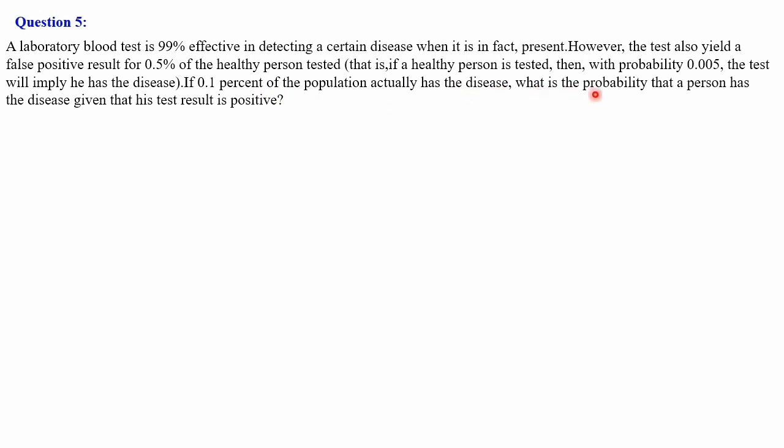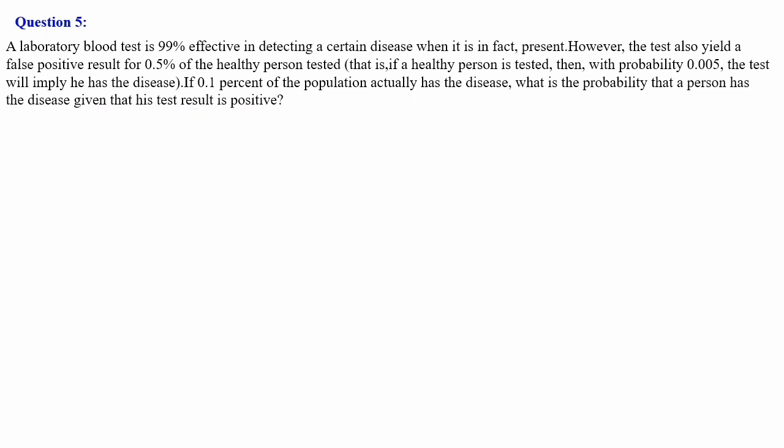Here you have to find out what is the probability that a person has a disease given that his test result is positive. You have to find out the probability that a person has the disease, and the given condition is his test result also positive.